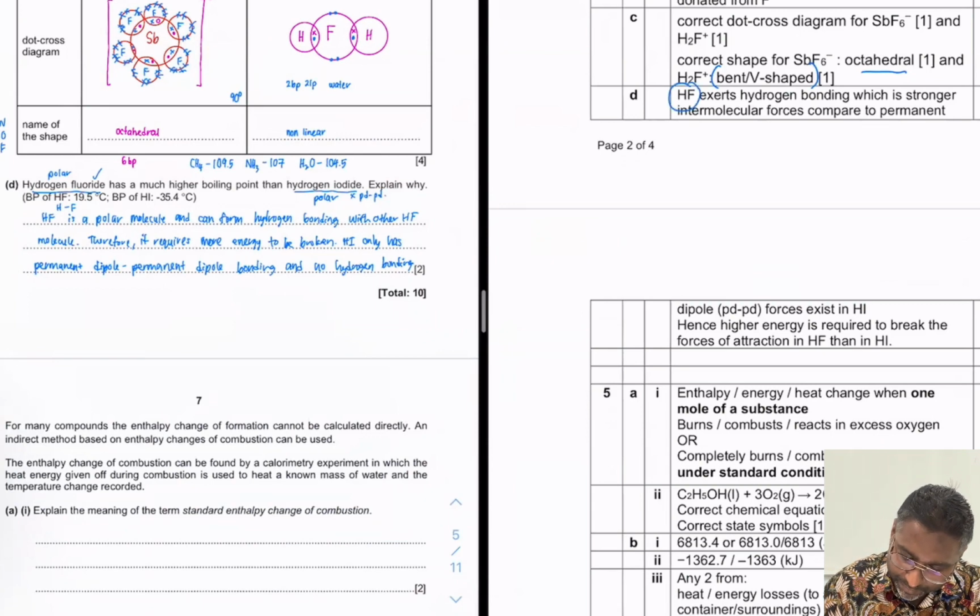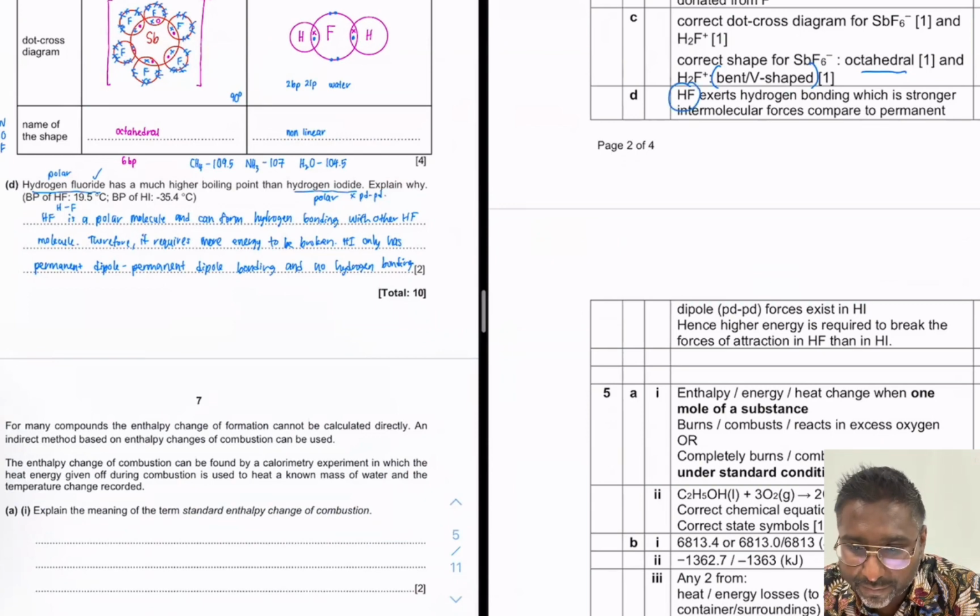HF, you see here, the main thing is about HF. HF exerts hydrogen bonding, which is a stronger intermolecular force compared to permanent dipole-permanent dipole in HI. So higher energy is required to break the forces of attraction. Are we allowed to only write it as PDPD in the exam? You are not allowed.